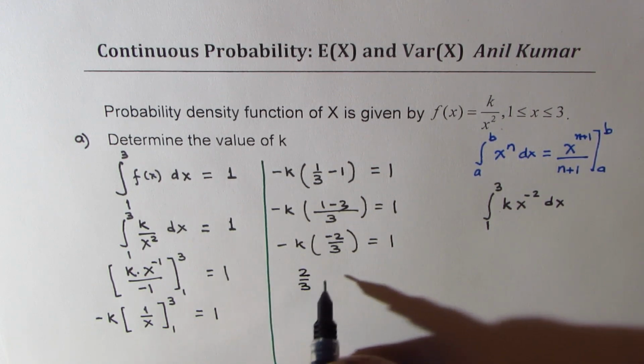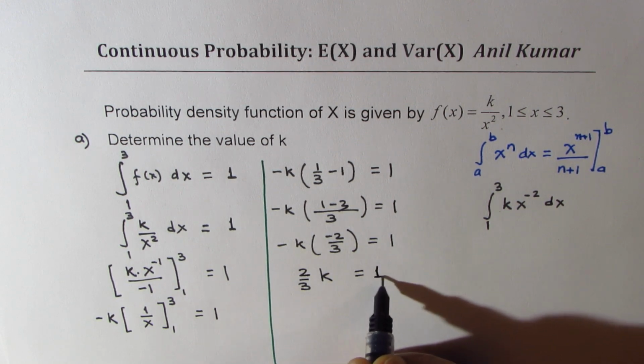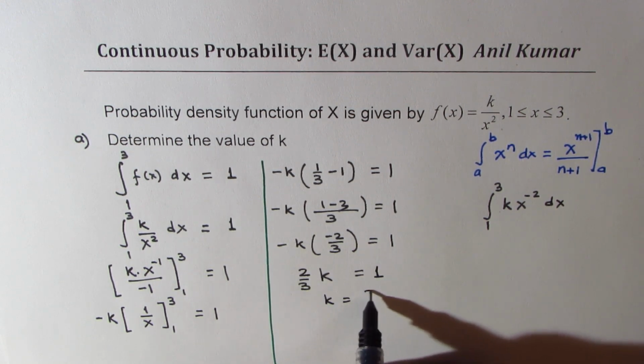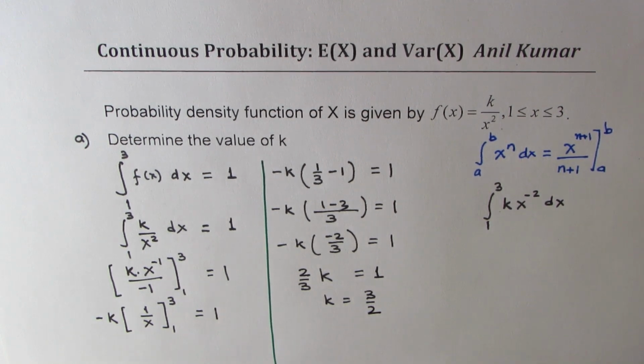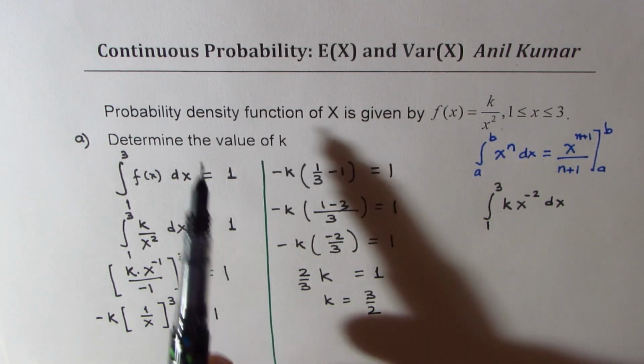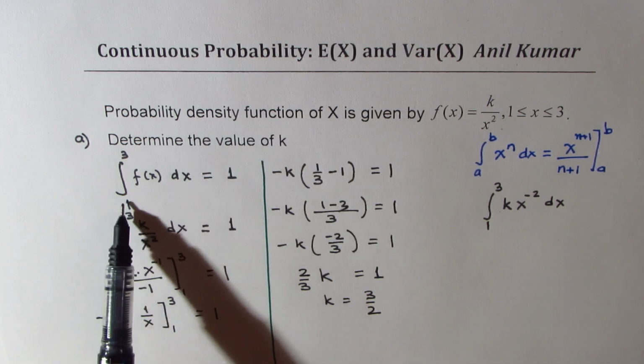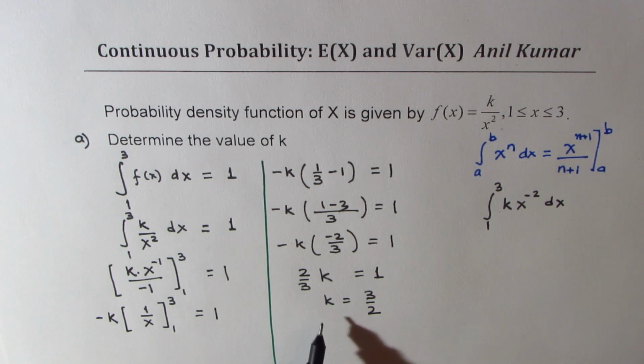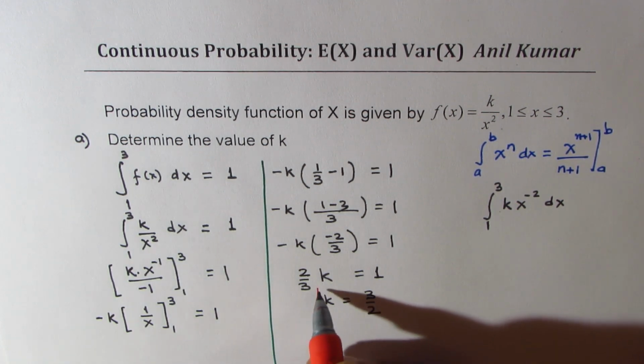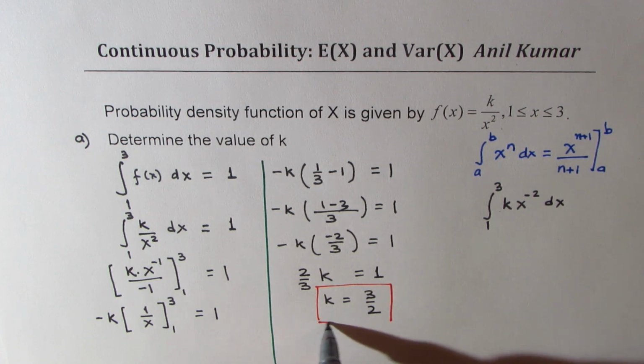You get 2 over 3 k equals 1, or the value of k is 3 over 2. So for the value of k, 3 over 2, this probability density function will give us the sum of probabilities as 1. So that is the only possible value for k. Correct? So that is how we find the value of k.